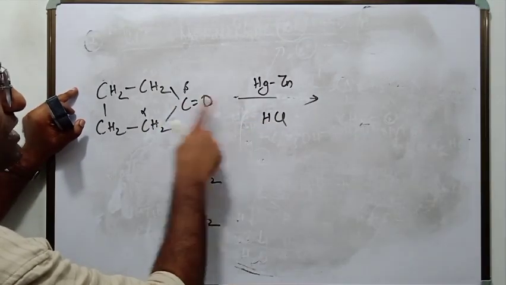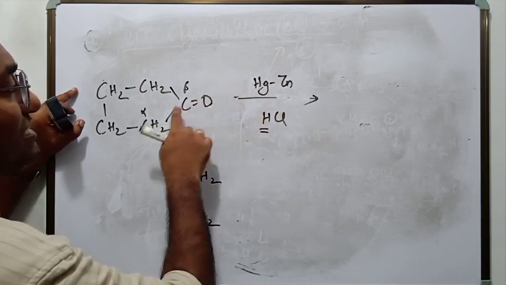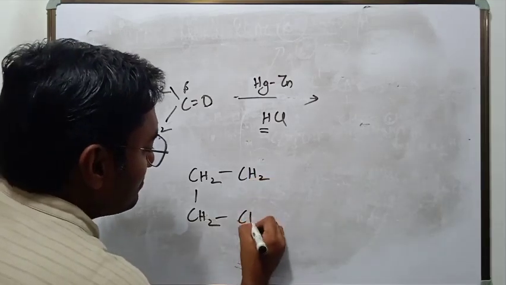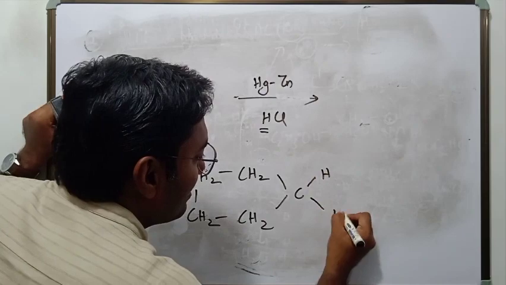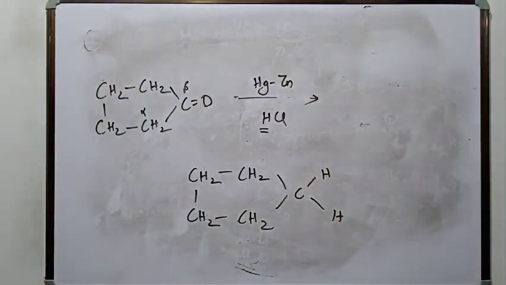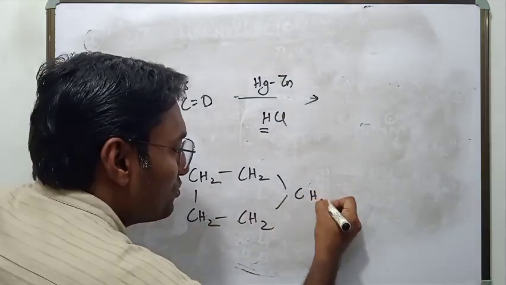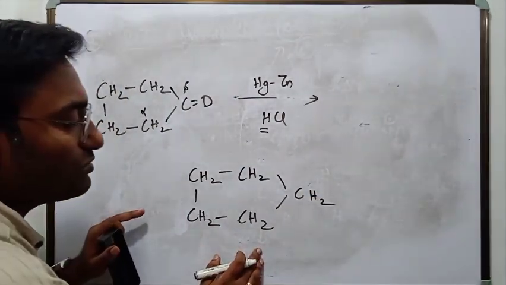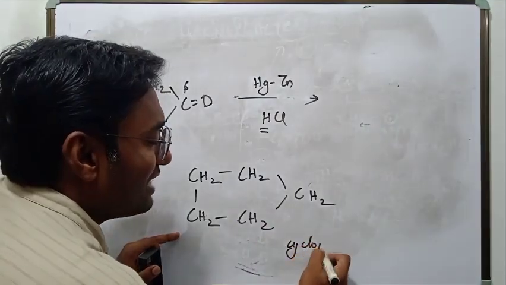Only those ketones that are stable in acidic condition will undergo Clemmensen reduction to form an alkane. So that results in an alkane like this. I am rubbing this 2H and writing it as CH2. This is our cycloalkane, the smallest of the higher cycloalkanes, which is cyclopentane.